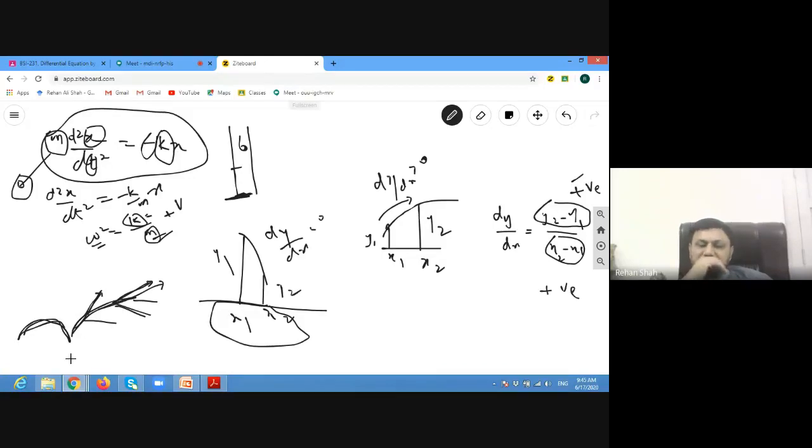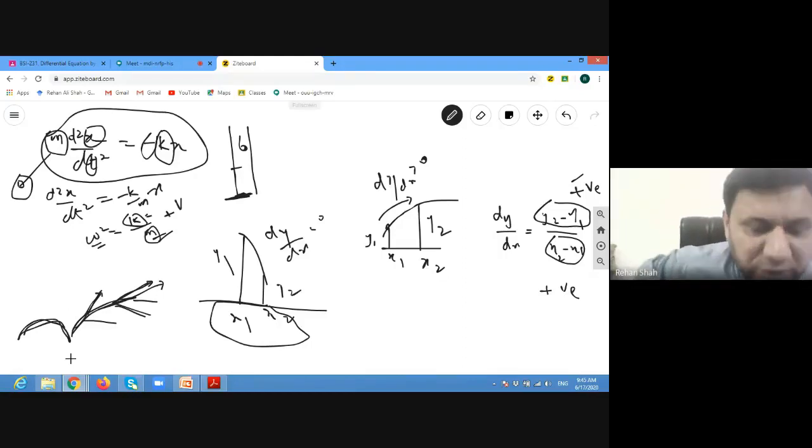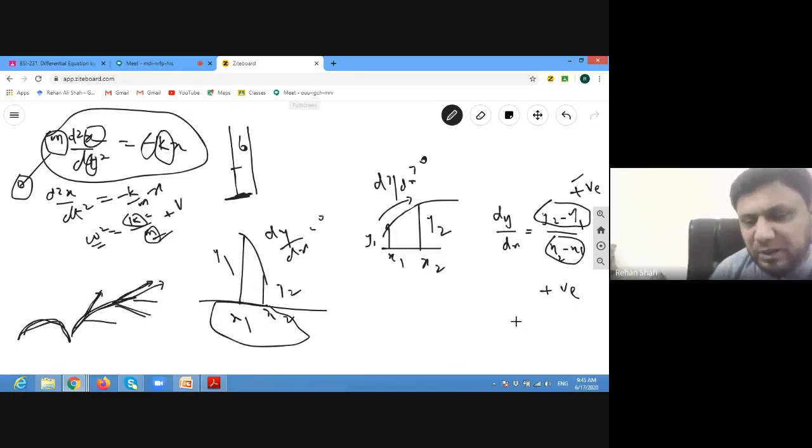Clear? So the double derivative actually shows you the bending. Suppose you take a straight line.